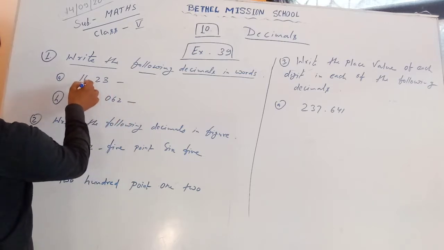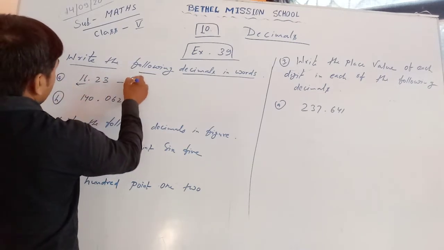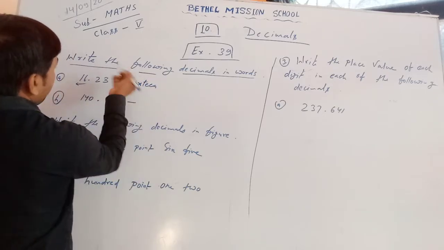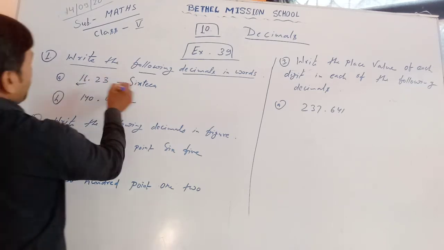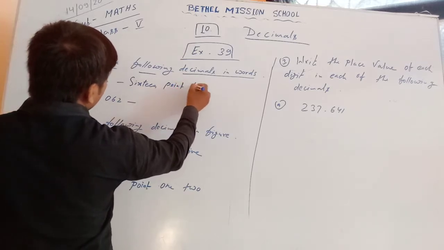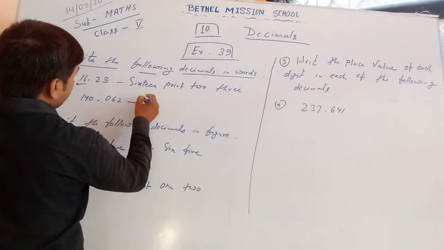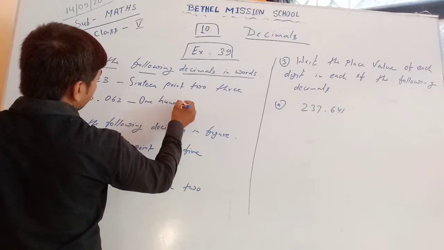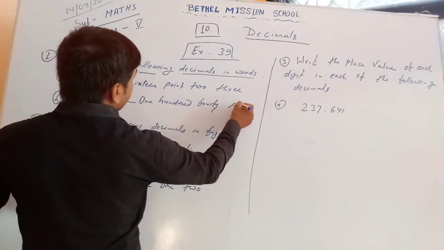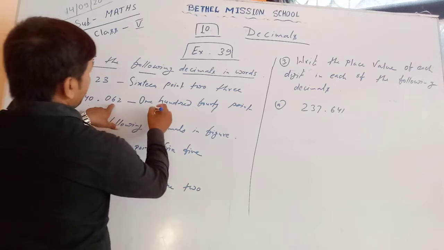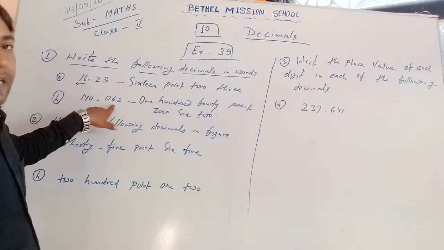As I taught you, before the decimal you write as usual, 16, and after the decimal you write each number one by one, so that is 16.23. Now here 140.062. Same you will do.